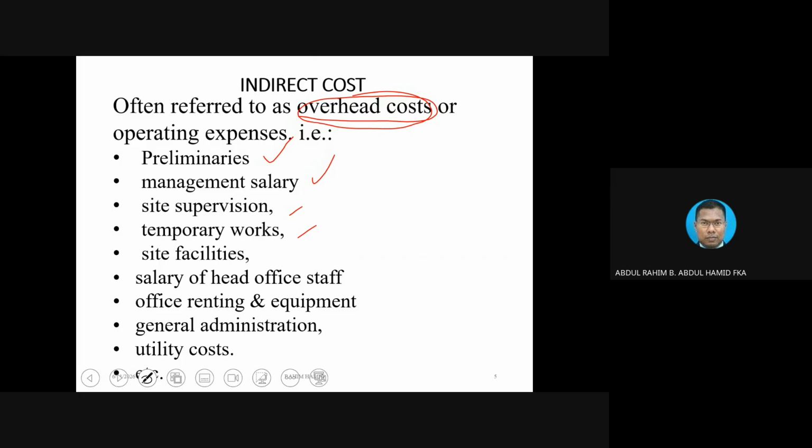Temporary works, temporary road, whatever temporary, meant to construct the real thing, are part of the indirect cost. Of course, site facilities, whether you rent a cabin or construct a site office, are part of the indirect cost. Even a portion of the headquarters, meaning the contractor's office.